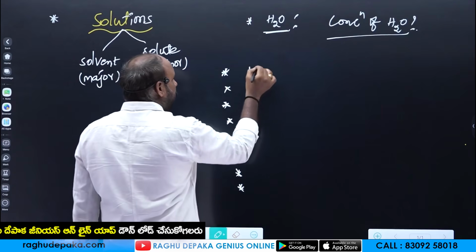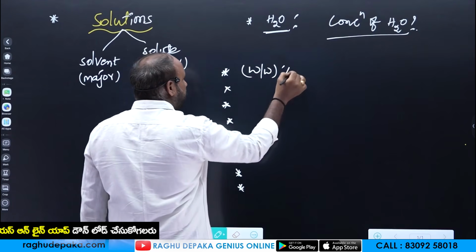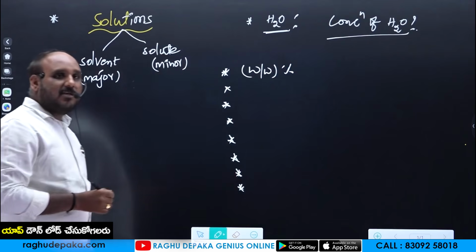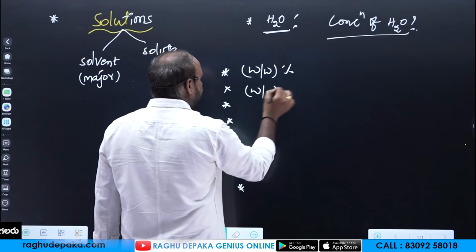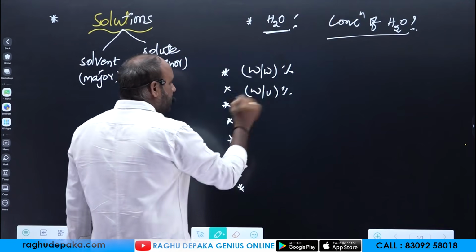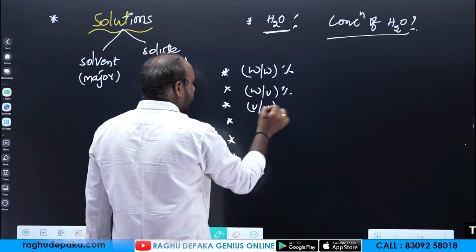The first one will be weight by weight percentage. The concentration term will be explained in terms of weight by weight, or else in terms of weight by volume, or volume by volume percentage.